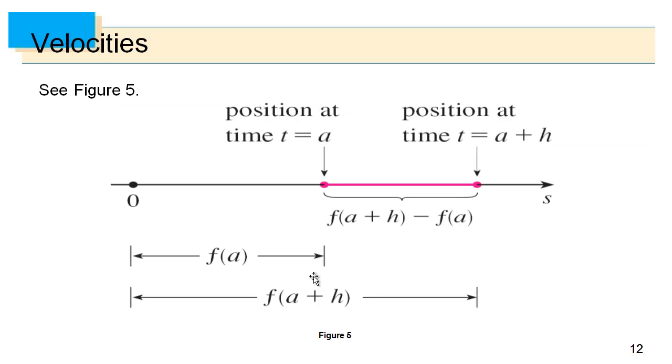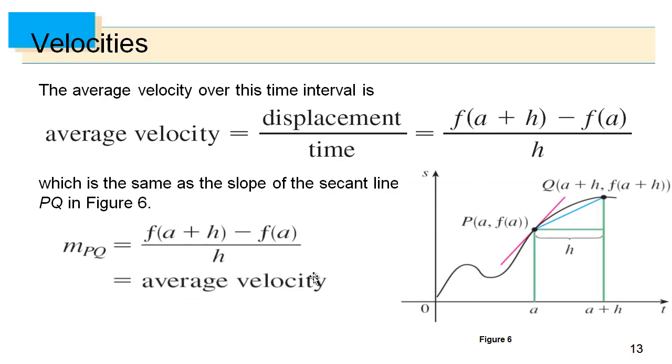Which tells us now that velocity is another example of this slope, a rate of change. Your average velocity is just your displacement over time. It's how much distance you've traveled over how much time has elapsed. And so we can see that average velocity is going to be this simple secant line slope that we've been doing.